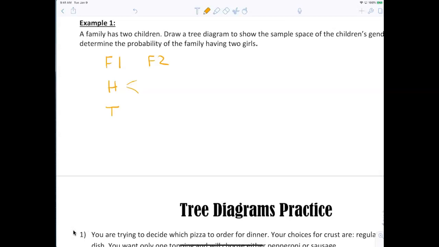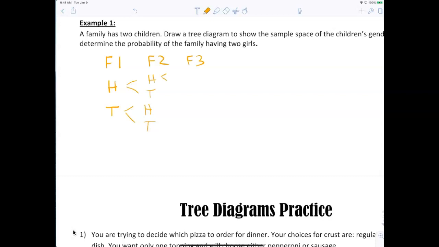H, T, that is correct. Thank you for listening. And then this tail down here breaks off to what? H, T. There you go. Now we're on flip what? We're on flip 3. Now this branch up here can branch off to what?